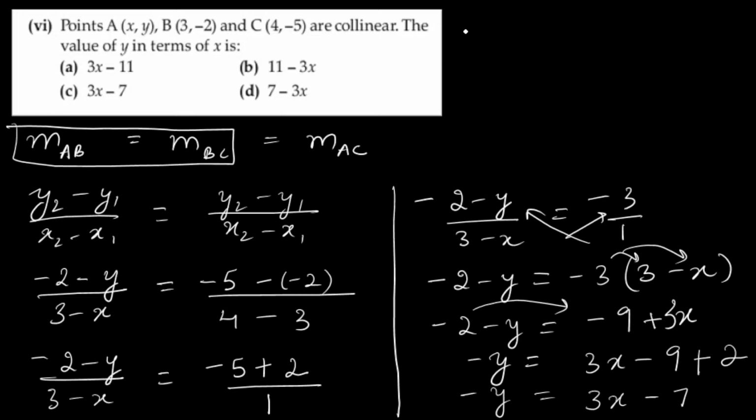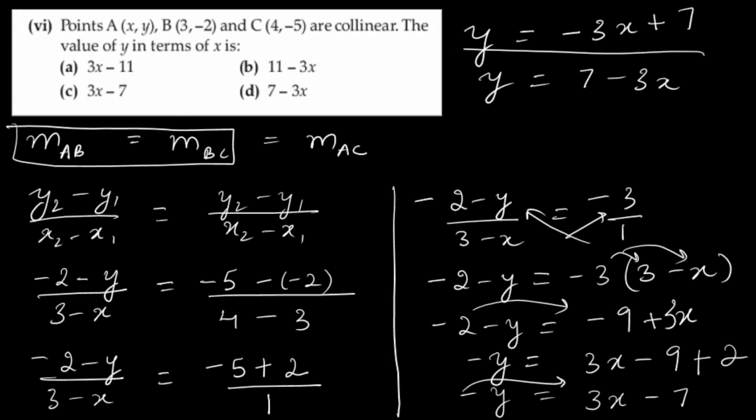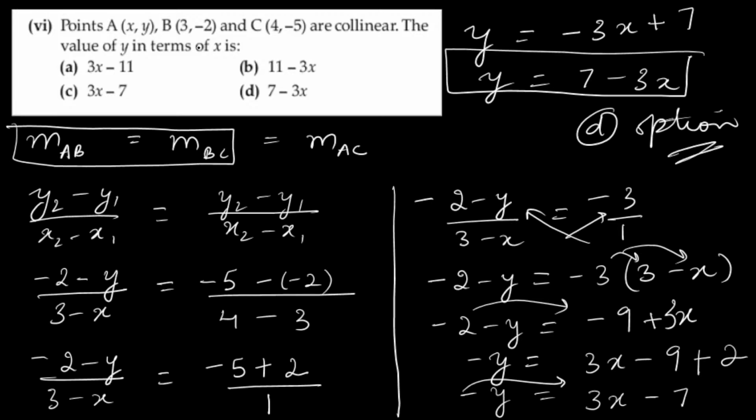I need y's value, so this becomes -3x + 7, or y equals 7 - 3x. So y equals 7 - 3x, which is option D.